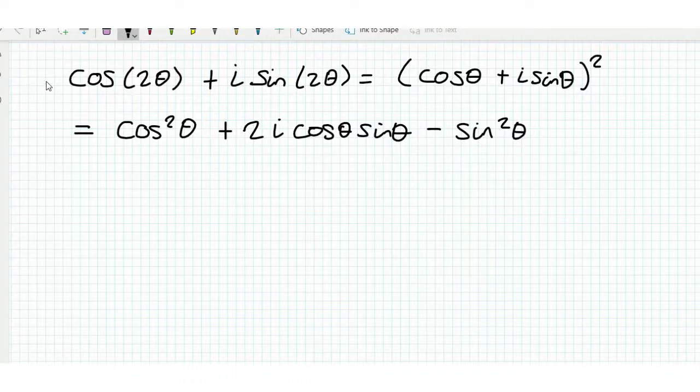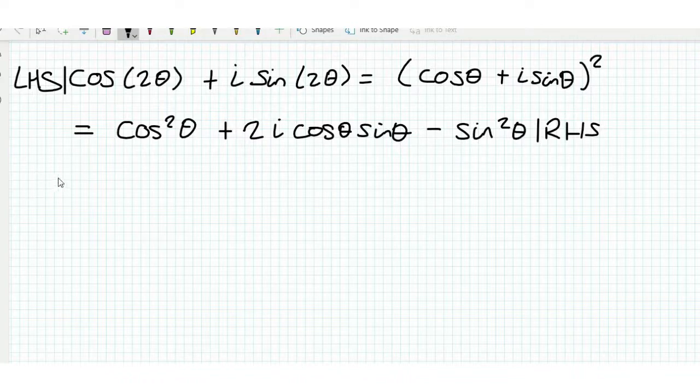So if this is our left hand side and this is our right hand side, well, the real part here is cos 2 theta, and the real part here is cos squared theta minus sin squared theta.